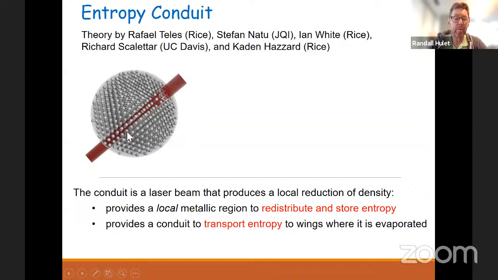It would provide a local metallic region to redistribute and store entropy, but it would also be a way of conducting entropy to the wings where it could be safely stored away from the central region where we are more interested.